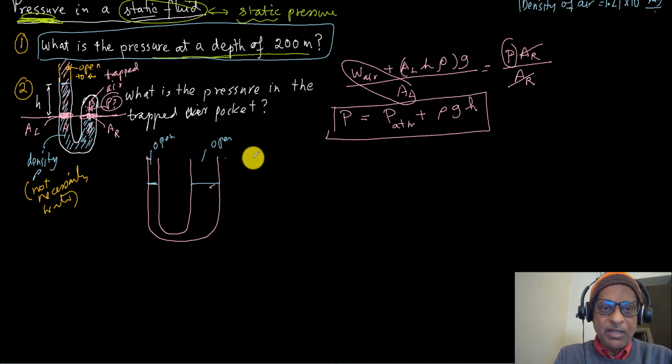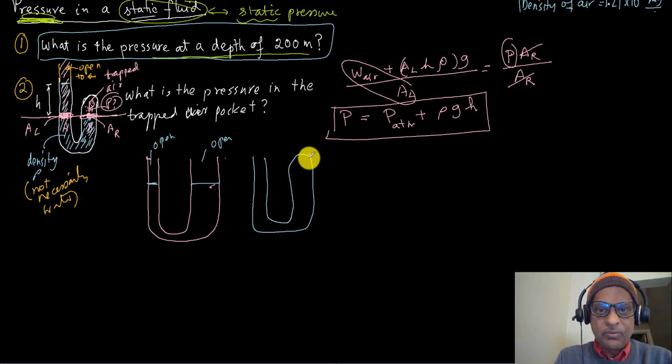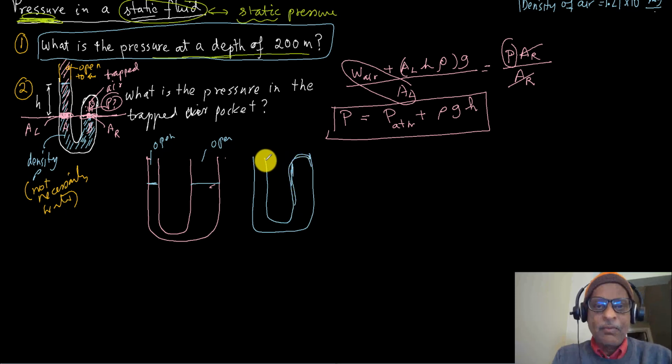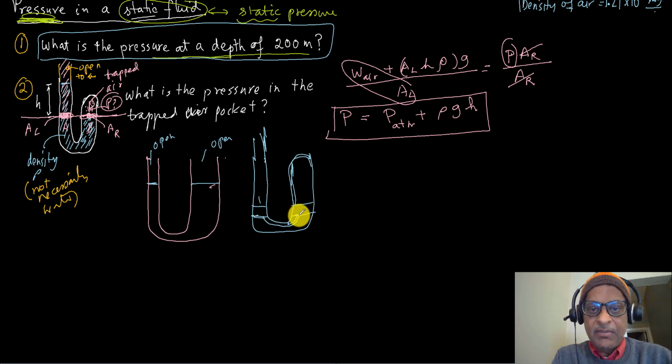But if you close one of the sides, then the levels don't have to match. So as you're filling in, say over here, maybe it's matching here to here, but you fill in more, and you only go a little bit here because you're compressing this air now, and the pressure is no longer atmospheric pressure, and this is the extra pressure that must develop on this side to match on both sides.